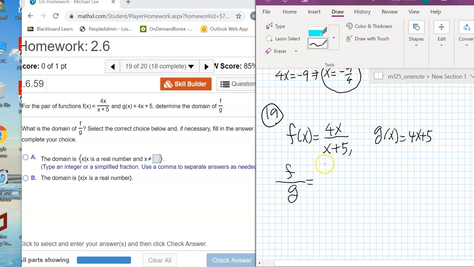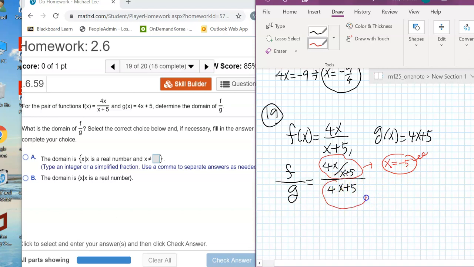So this is 4x over x plus 5, all over 4x plus 5. From the numerator, we want to exclude x equal negative 5, because negative 5 makes that denominator 0.